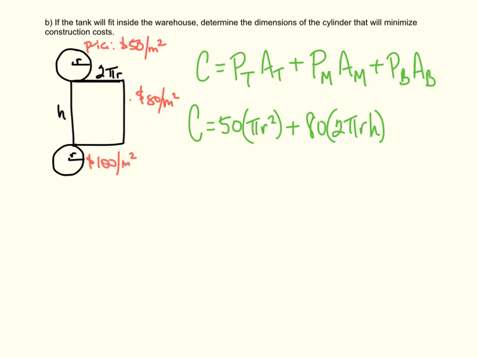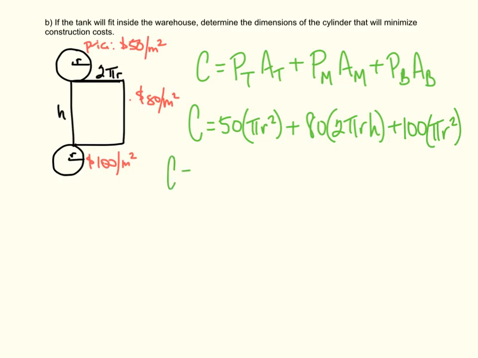Just to show you, 2 pi r times your height. Okay, plus 100 is the price of the bottom, and that is another circle, so pi r squared.